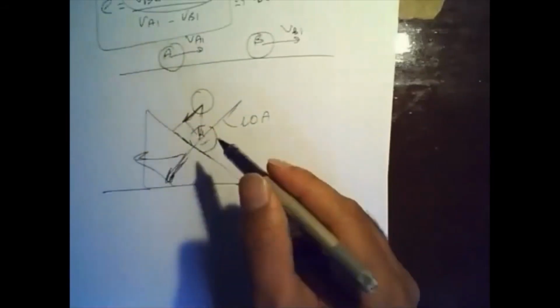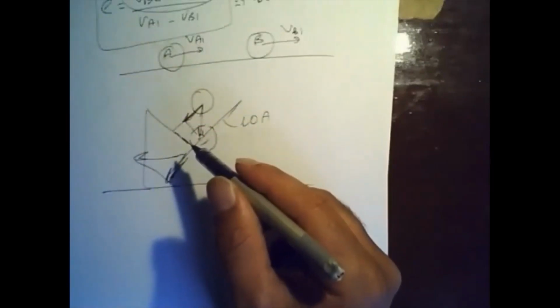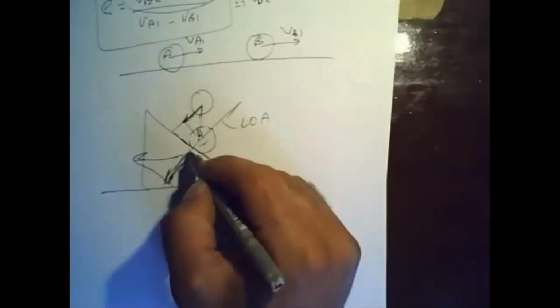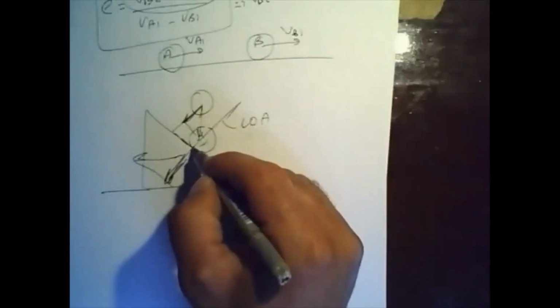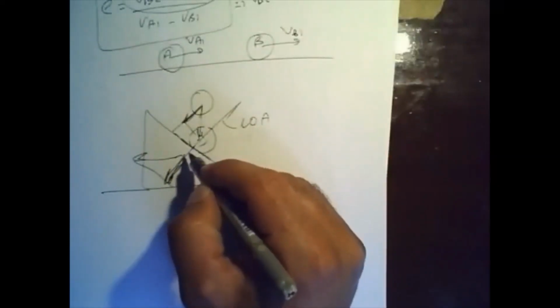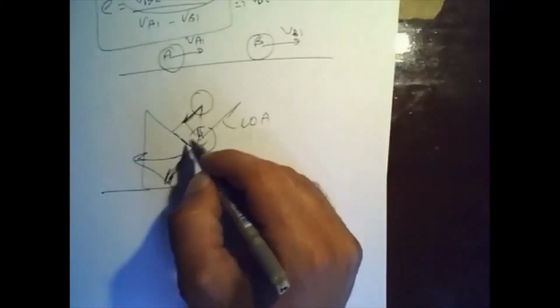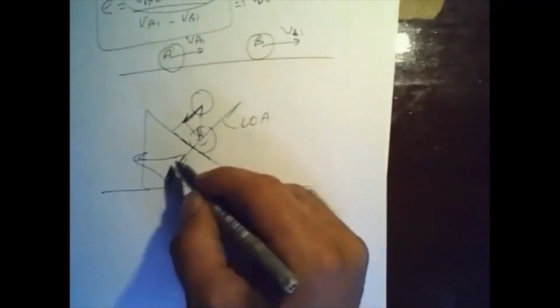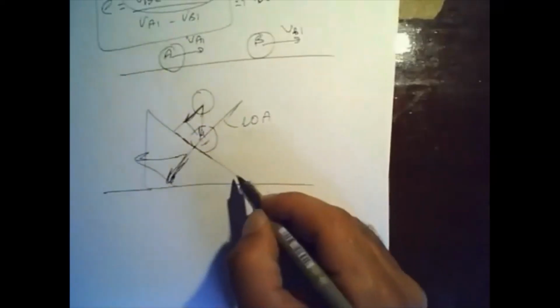When you have a collision between two surfaces where one surface is flat, like a wall or a pavement, your line of action will always be perpendicular to it. Regardless of how the other shape looks, your line of action will always be like that because you have one surface that is flat.